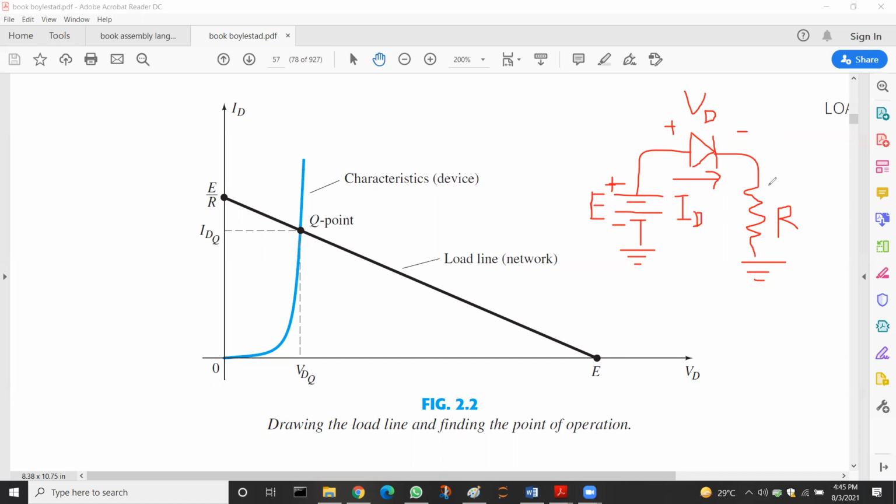On the ground side we usually mention the minus sign. This is how the voltage is distributed across the diode.